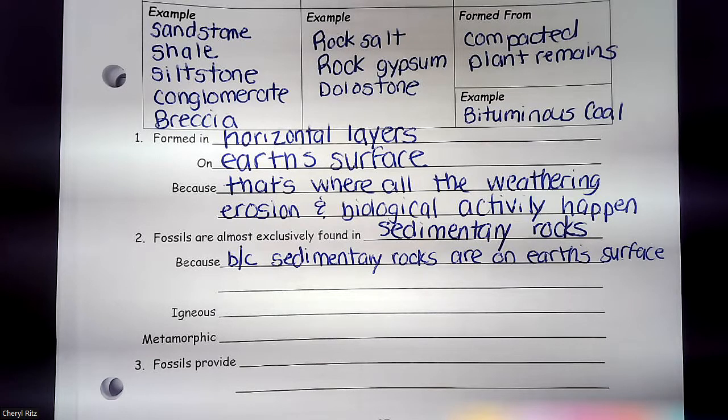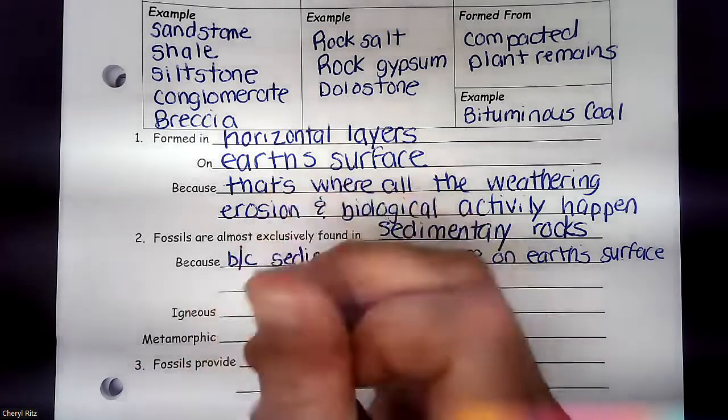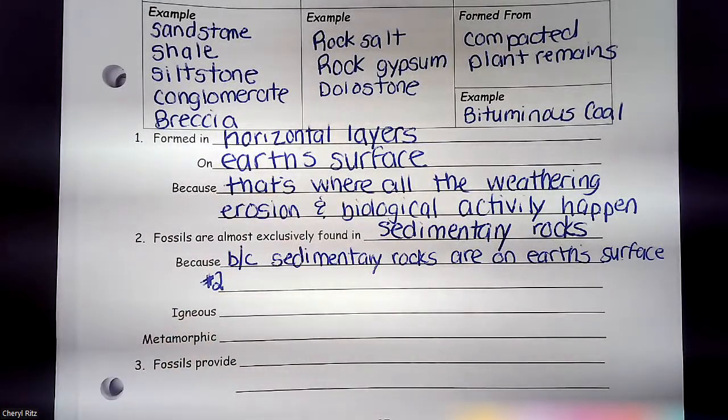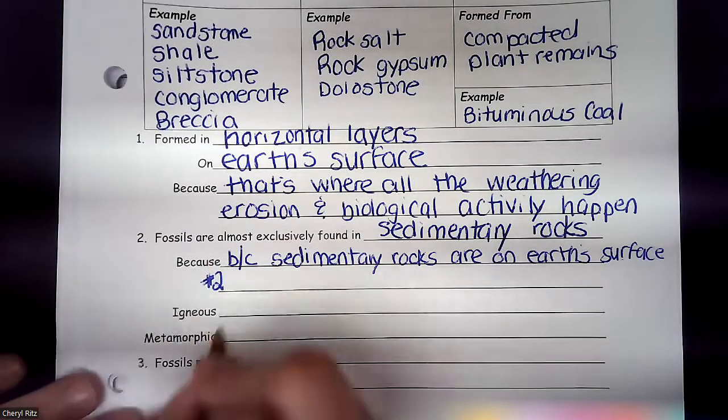So sedimentary rocks are the only ones that won't destroy a fossil. So I want to add that. So number 2, because the formation of other rock types would destroy them.